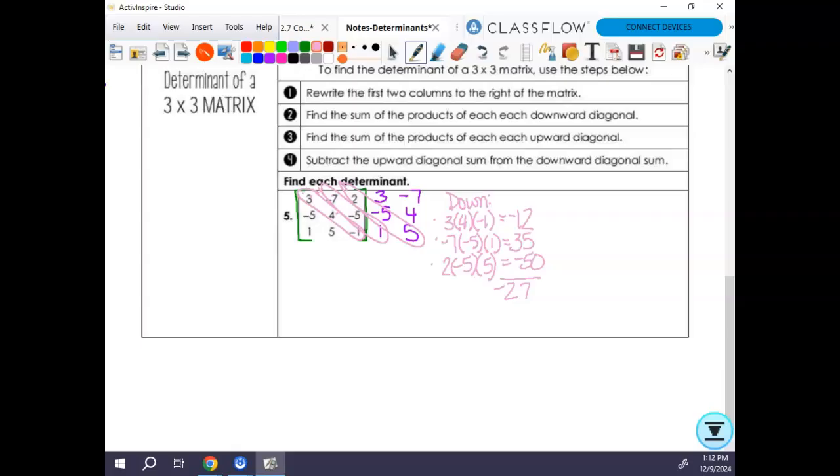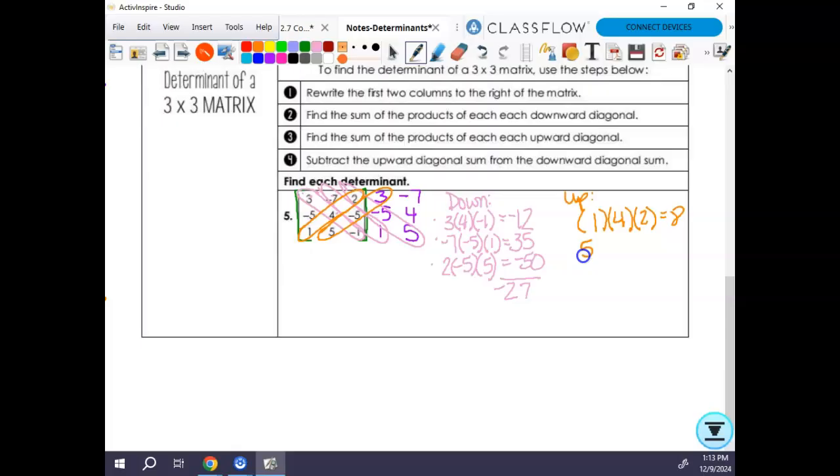Now I got to go back and do the diagonals up. So I start with this 1. And I got this right here. So my up diagonals, my first one is 1 times 4 times 2, which is 8. And then this is my next one. Whether or not you circle them every time is up to you. Just at least make sure you've got them lined up right.